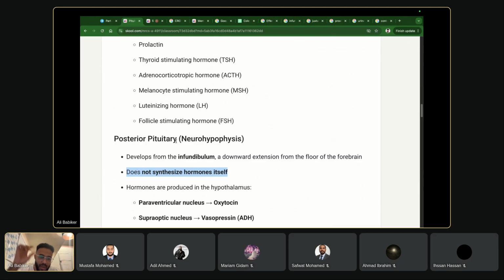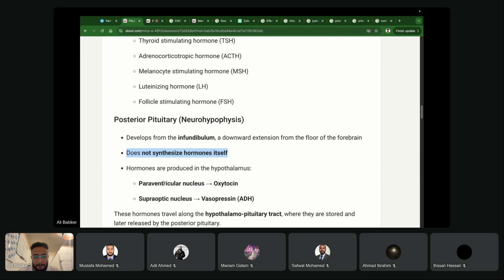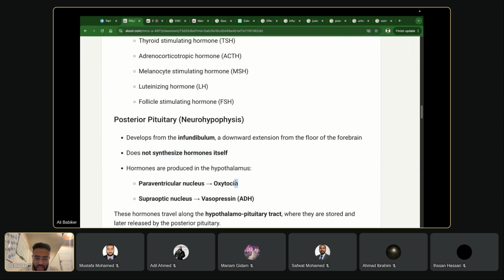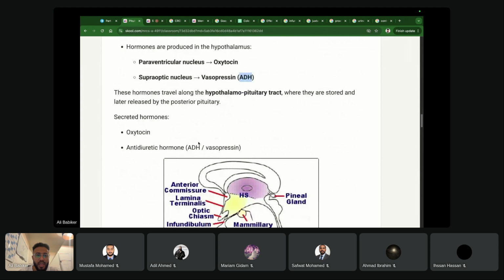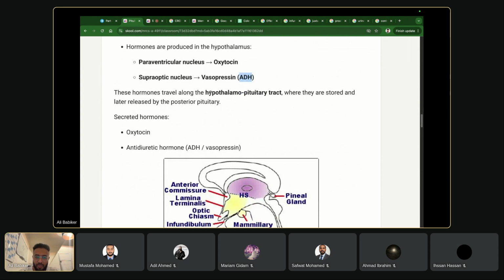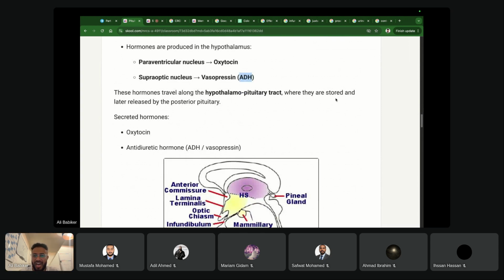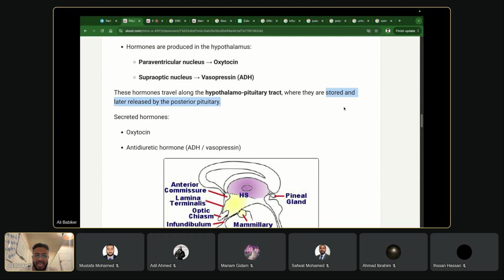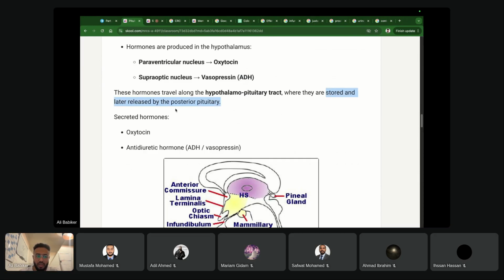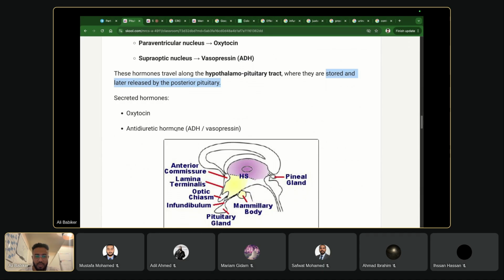It's produced from the hypothalamus. The paraventricular nucleus produces oxytocin, and the supraoptic nucleus produces vasopressin, which we also call antidiuretic hormone. This hormone travels along the hypothalamus-pituitary tract, where they are stored and later released from the posterior pituitary. Okay, we just mentioned both of them.